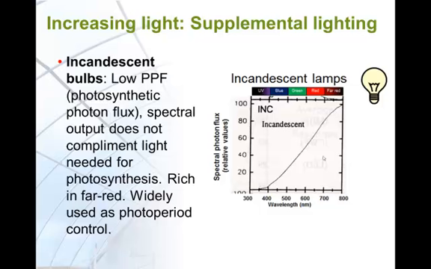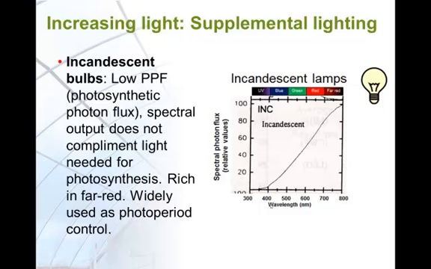Because the light quality is very rich in far red, which is very important for phytochrome response, incandescent lamps have been considered a very unique and important light quality for photoperiodic control.